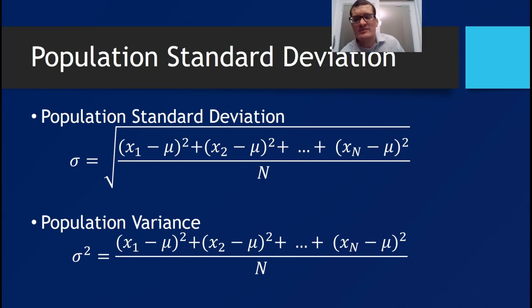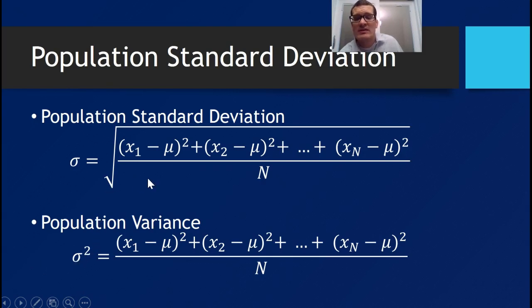Now, oftentimes, another measure of variation that's really intricately connected to standard deviation is what's called variance. And we can see the population variance in that second formula. Notice that it's denoted by the standard deviation squared, because that's what it is. It's just the standard deviation squared.